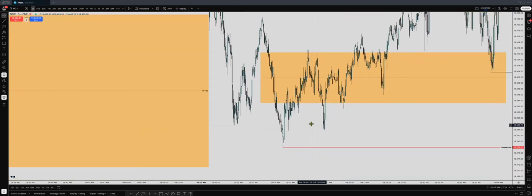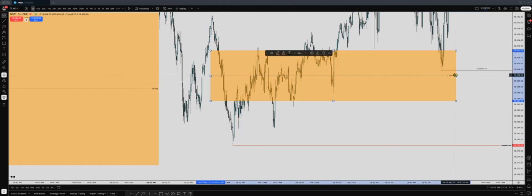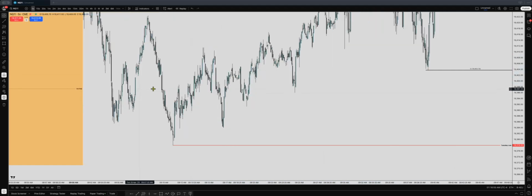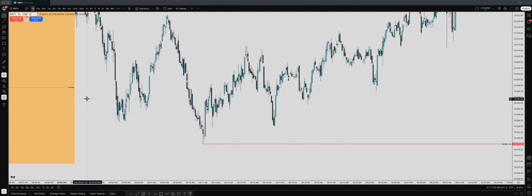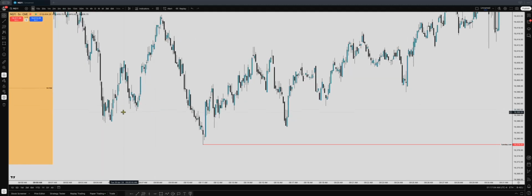So this right here is the fair value gap on the 1 minute. So I'm going to go ahead and delete that. So here we are, the 1 hour fair value gap, and this is the 5-second.